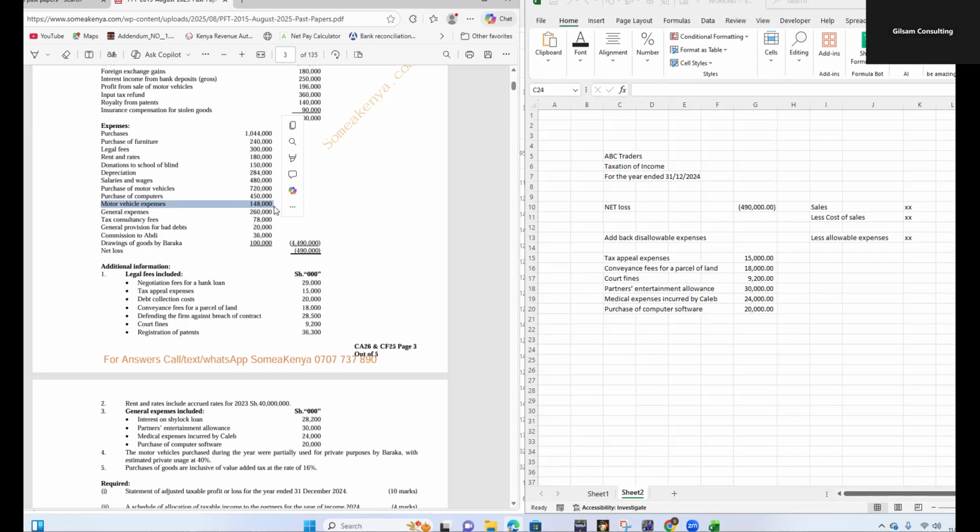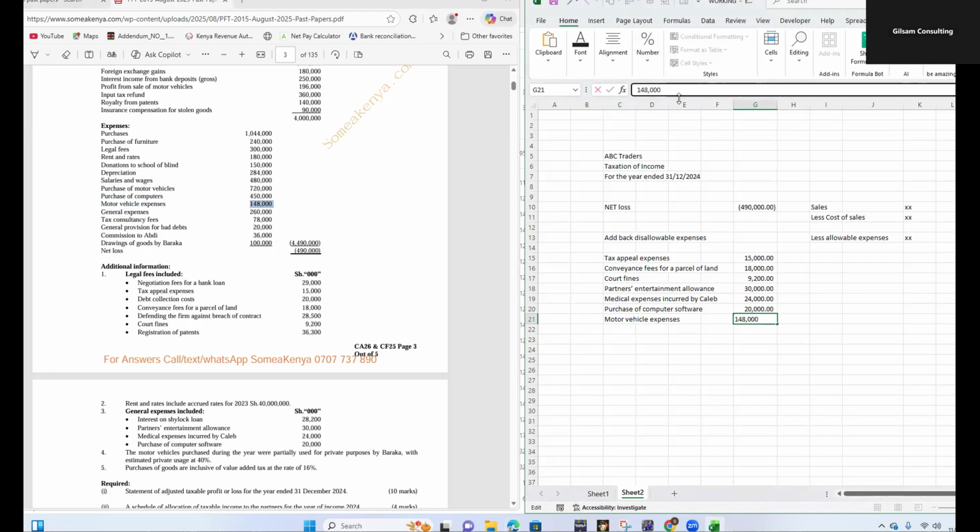So you will take the motor vehicle expense here and disallow 40% of this, times 0.4. Okay.